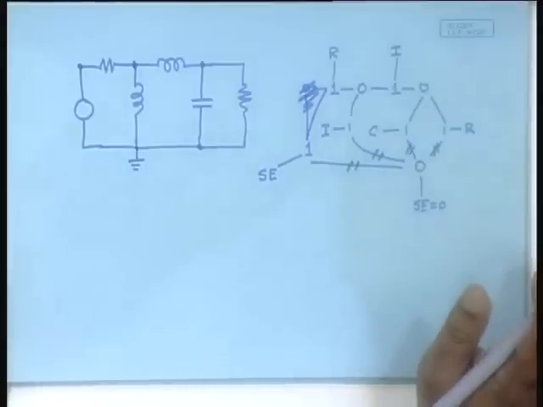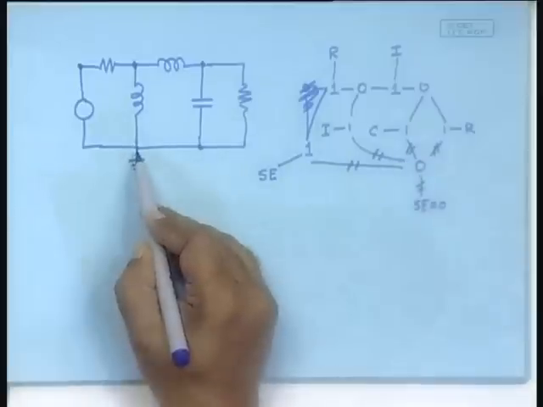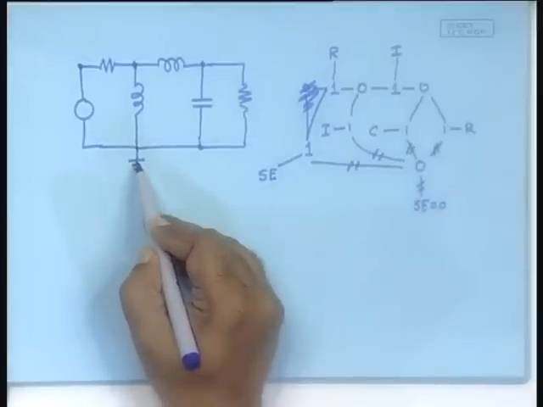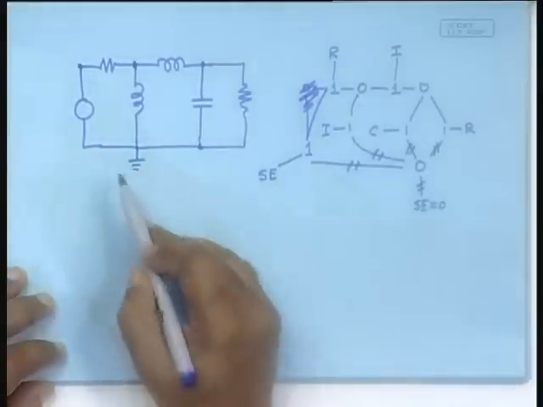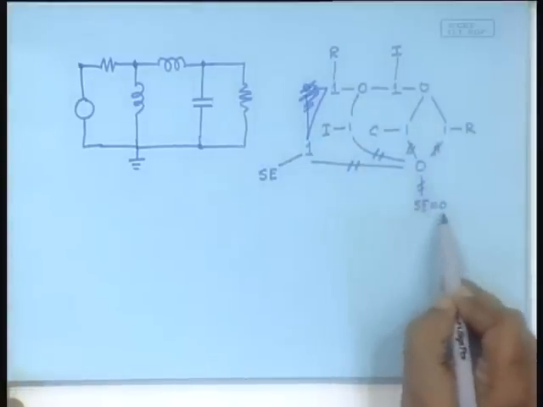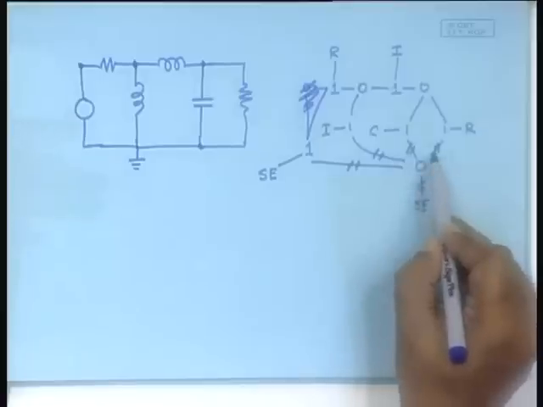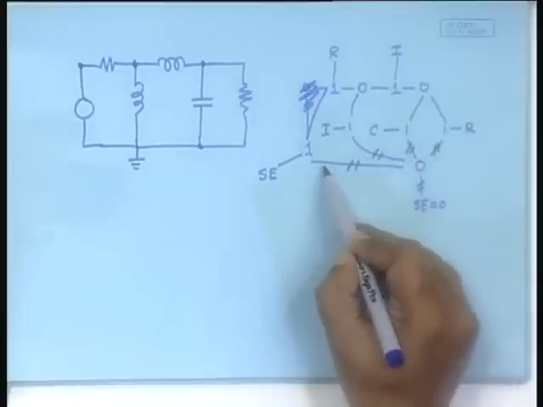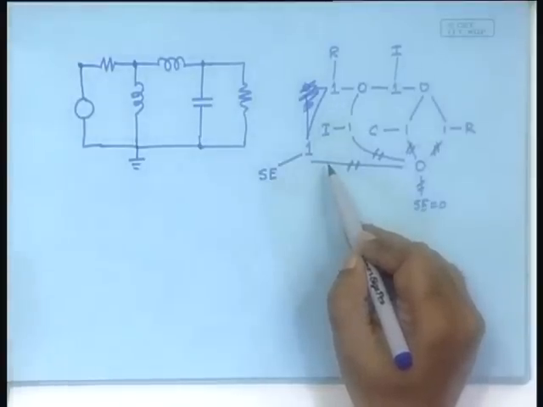Have you understood the line of logic? We always say that one of the voltage points or nodes would be at 0 potential. There is no harm in doing that. That is a datum, and the moment you do that, in the bond graph that is reflected as SE becoming 0, and SE becoming 0 connected to a 0 junction means all these bonds will carry 0 effort, therefore 0 power, because the power is effort multiplied by the flow.